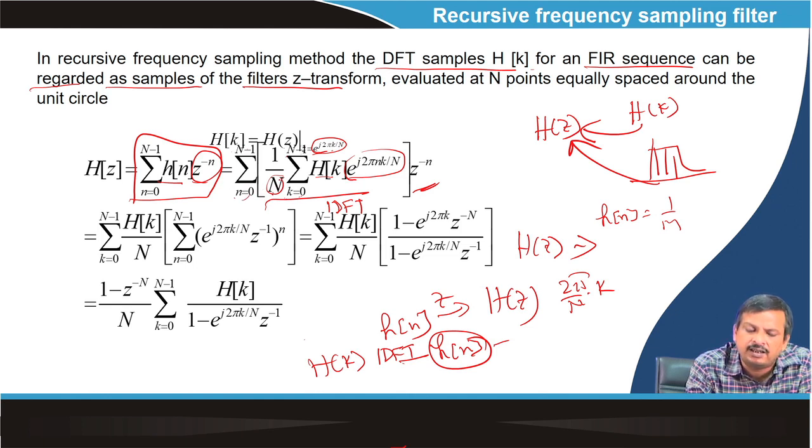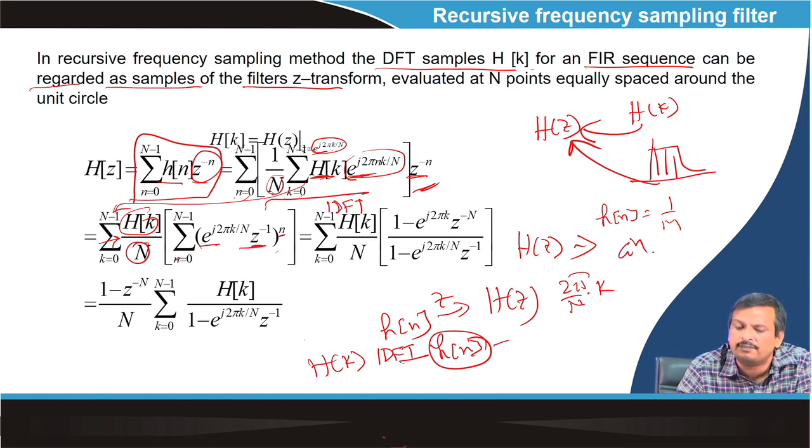I can take this sum first, with capital N outside, and H of k also does not depend on n, so I put it outside, inside the sum over k, and then the sum over n depends on this term and this term. So these two I write together to the power n. A to the power n summed is nothing but 1 minus a to the power N divided by 1 minus a.